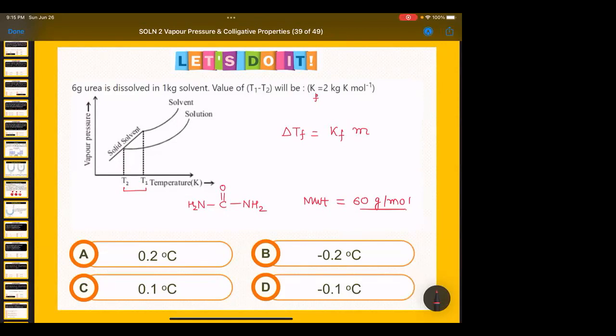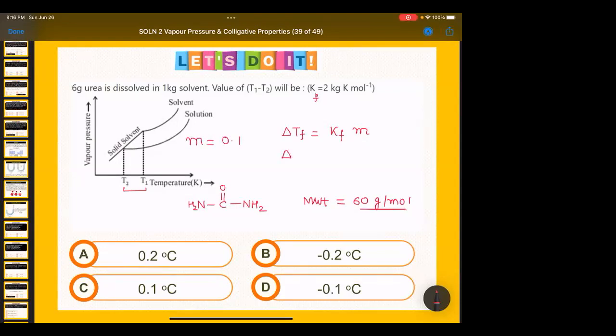How many moles have you taken? In the question you have taken 0.1 mole per kg. So molarity is directly going to be 0.1.